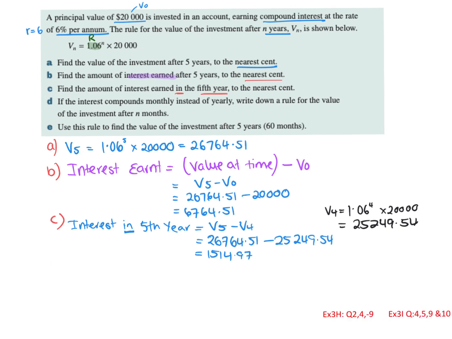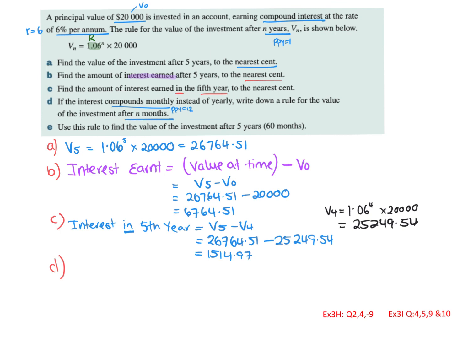Okay, let's do D. Now, if interest is compounded monthly, that means PPY has changed to 12. Up here, when it says years, PPY is 1. So it says if it's compounded monthly, write down the rule for the value of the investment after n months.